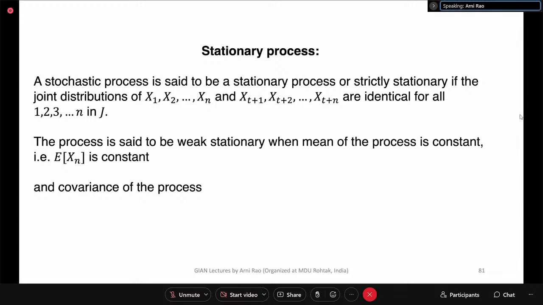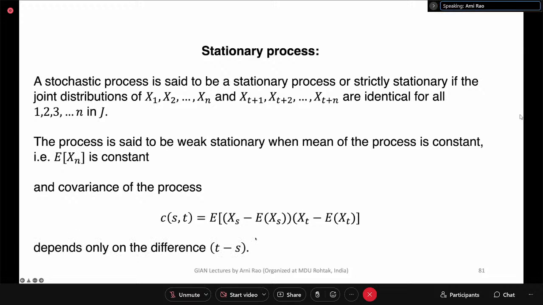And the covariance of the process is C(s,t). Covariance you all know how to compute: expectation of (xs minus E[xs]) times (xt minus E[xt]). The covariance depends only on the time difference.